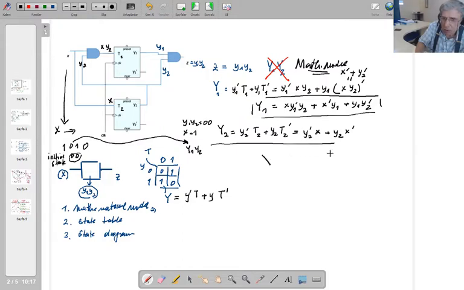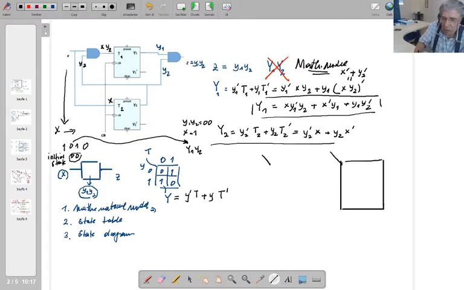Let me draw it here, state table. It's going to be a 3-variable function. Why is that? Because we've got 3 independent variables, don't we? So let me make it a bit better.